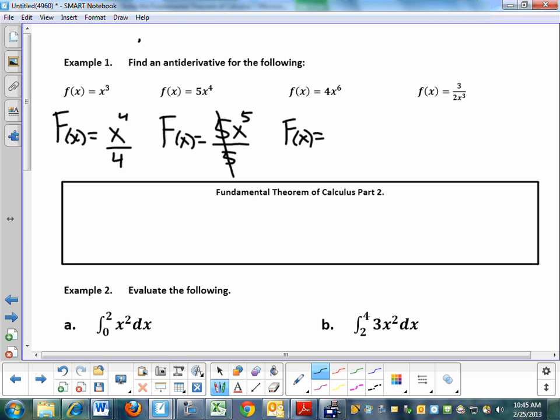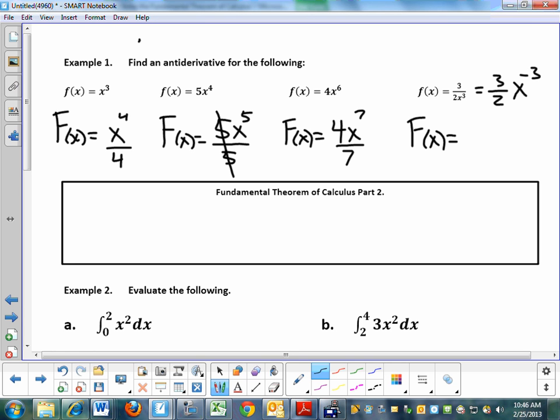If you have 4x to the sixth, if you have 3 over 2x to the third, well, first I think that we should write that in a better way. How about 3 over 2 times x to the negative third?